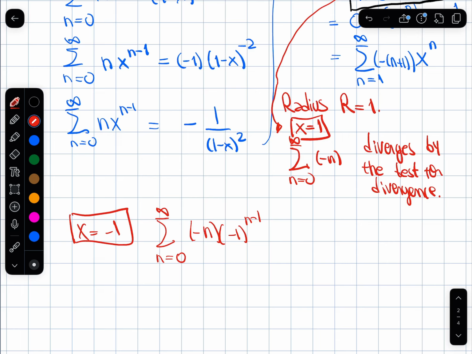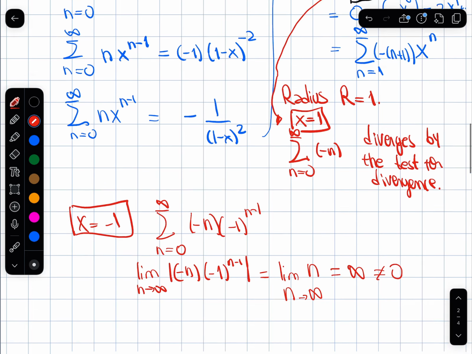So you can see, for example, that the limit, taking absolute values to make it clear, is just the limit of n when n goes to infinity, which is not 0, which is all we wanted.